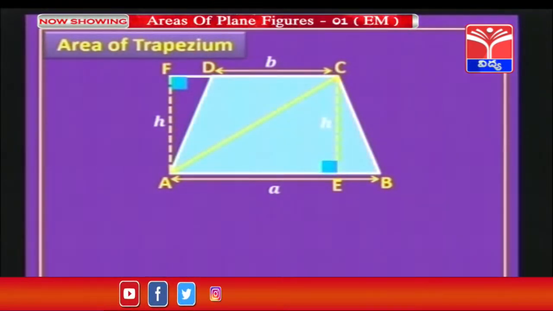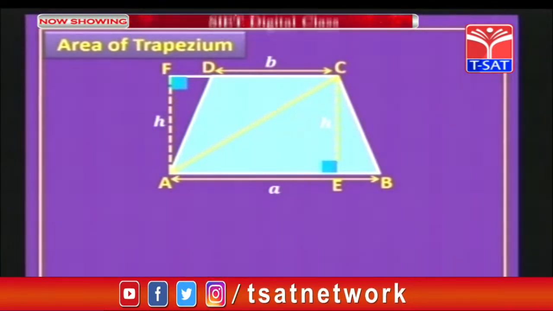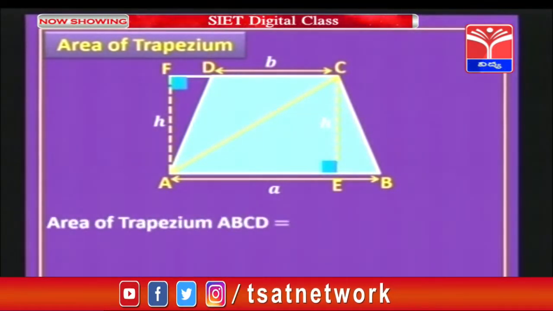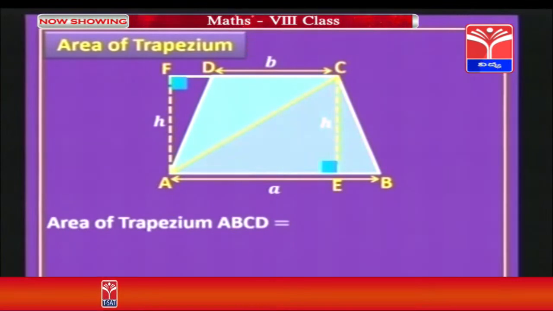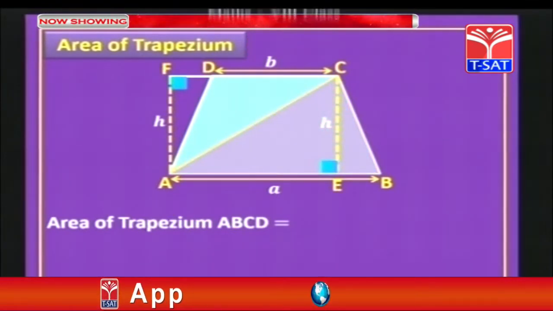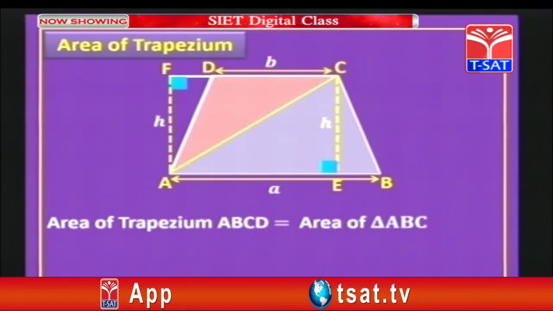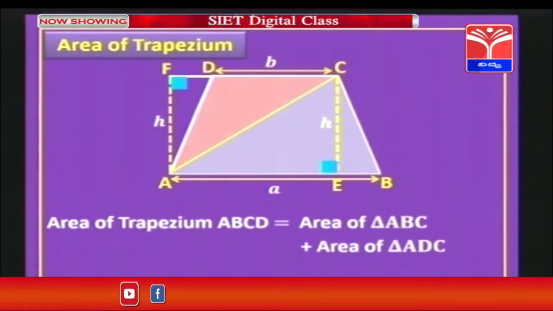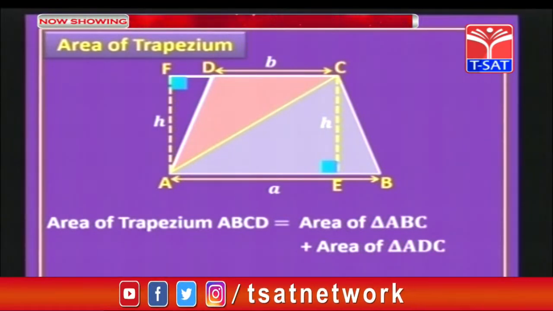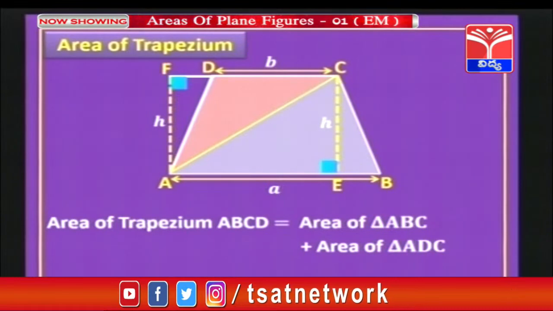Now children, let us find the area of this trapezium ABCD. So area of trapezium ABCD is equal to, yes, area of triangle ABC plus the area of triangle ADC. That means if we add the areas of these two triangles, we get the area of trapezium ABCD.